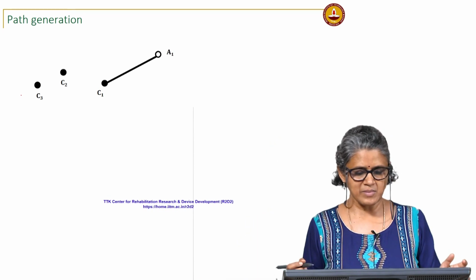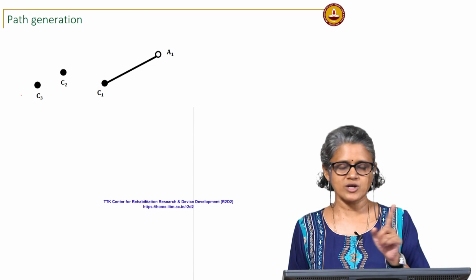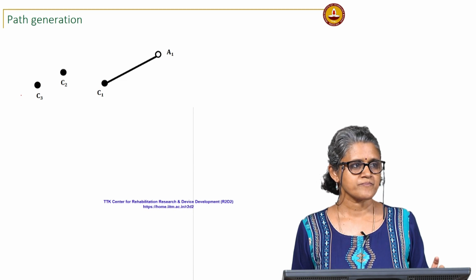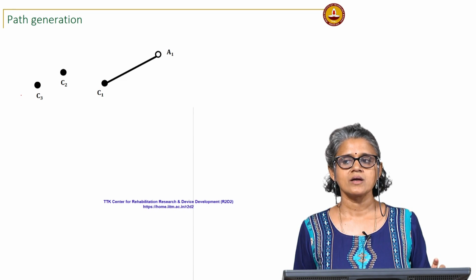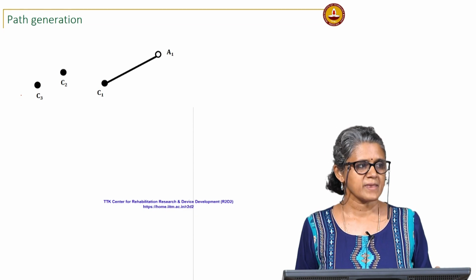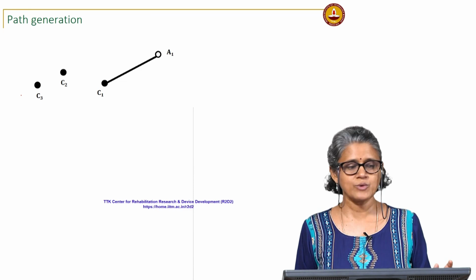So, C may or may not be a pivot. First of all, can C be a pivot? Can C be a moving pivot? If you say yes, you have to tell me under what conditions C can be a moving pivot. If C is a moving pivot, what do I have to do?